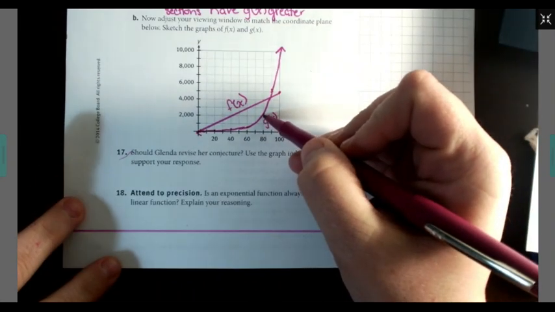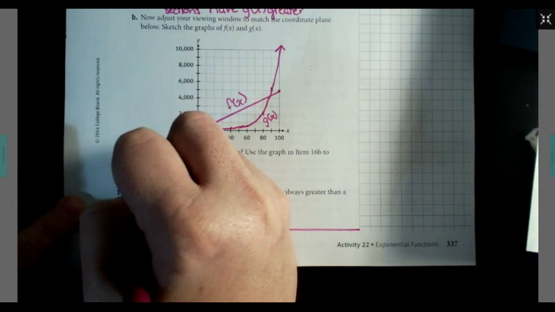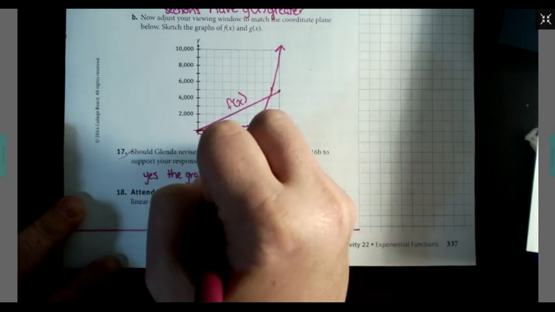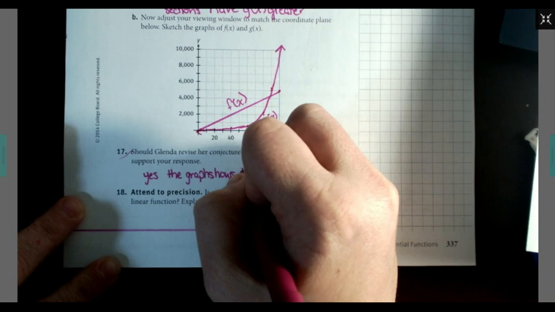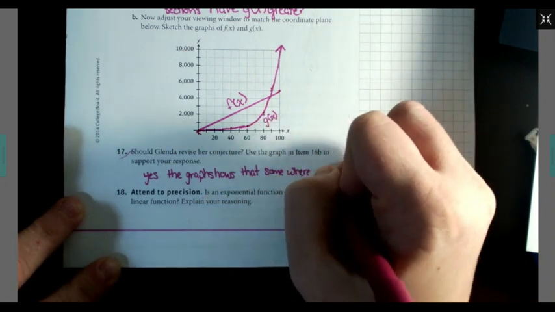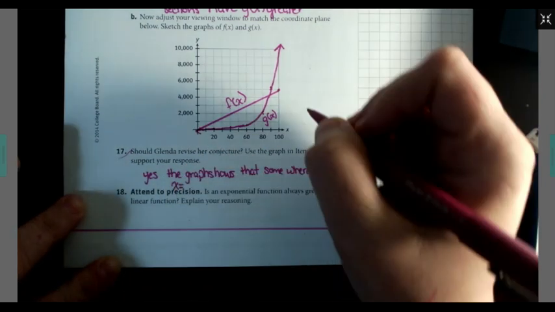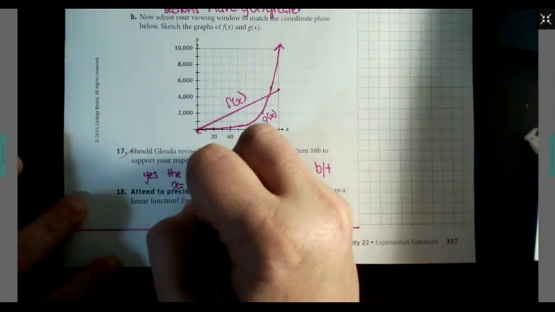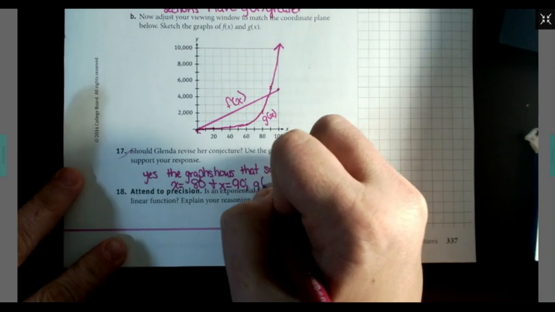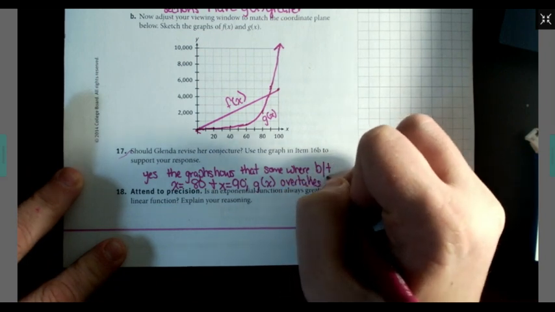Somewhere between 80 and 90, the graph shows that somewhere between x equals 80 and x equals 90, g of x overtakes f of x.